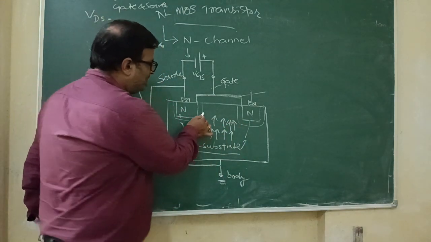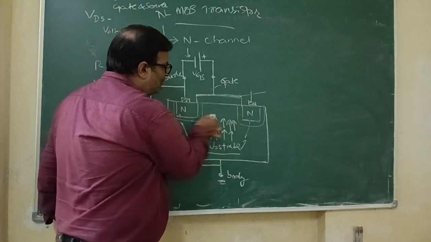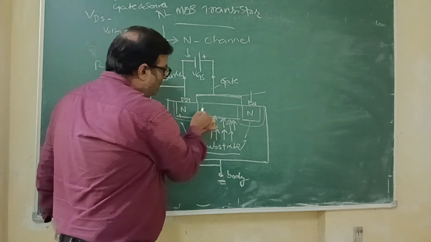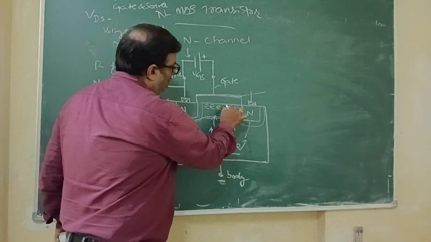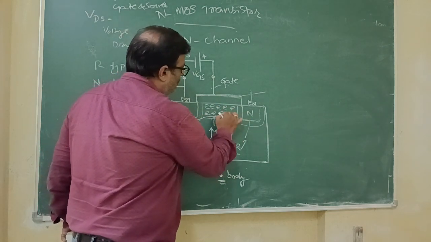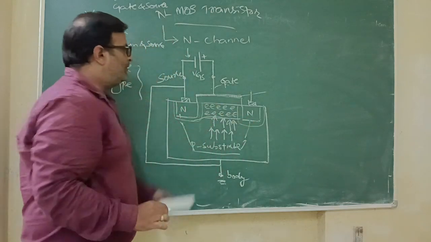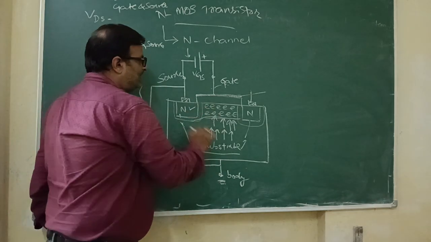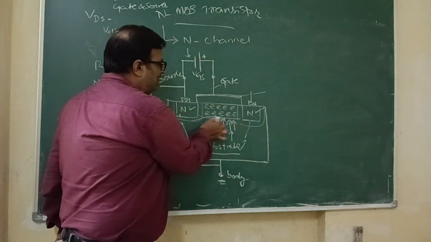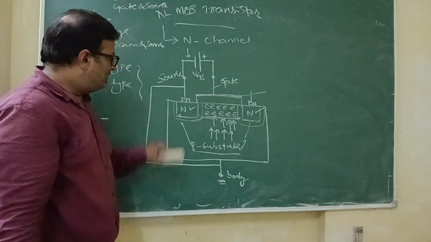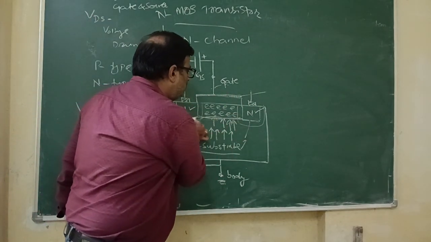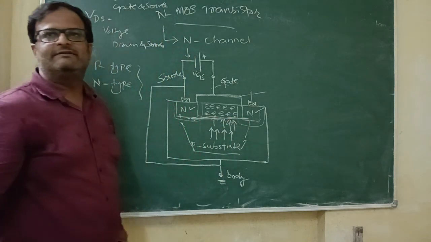Now what happens when the electrons are attracted towards the gate terminal? When they come here, there is a passage of electrons which are combined here. That means this is n type, this is n type, and here the electrons. These whole three things make a channel.